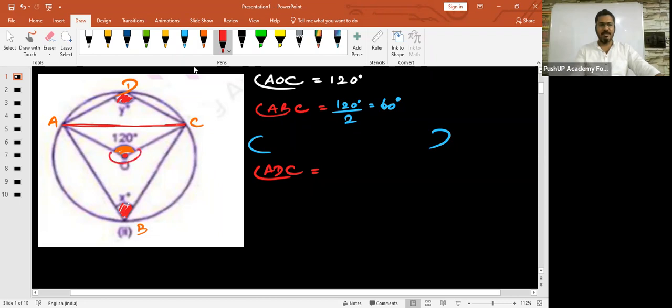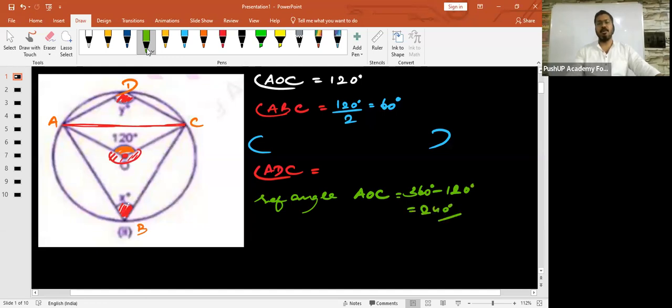So what is the reflex angle? The reflex angle AOC would be 360 degrees minus 120 degrees, and that is equal to what? 240 degrees. Make sense? Yeah.